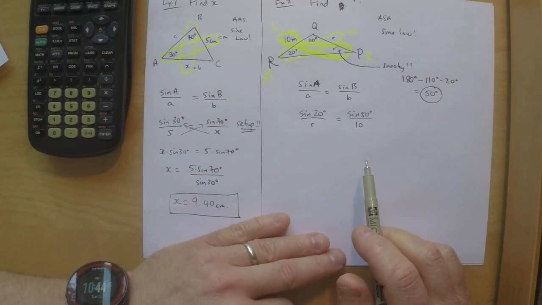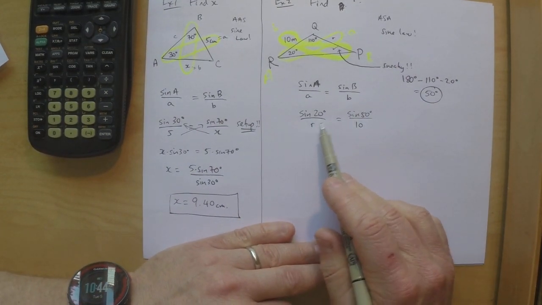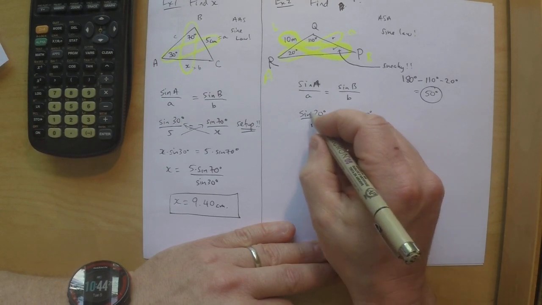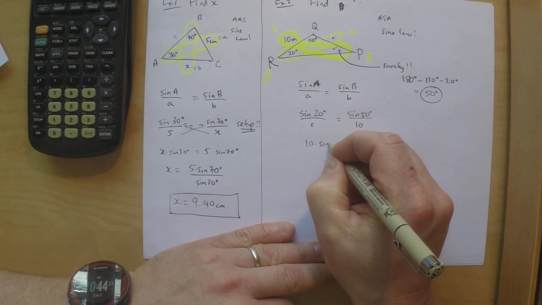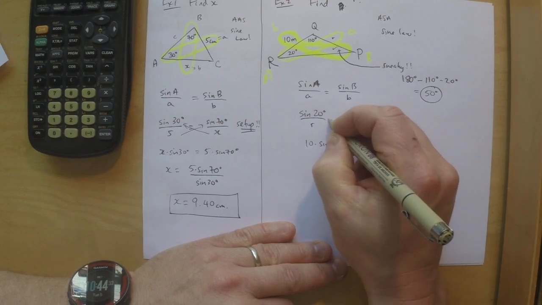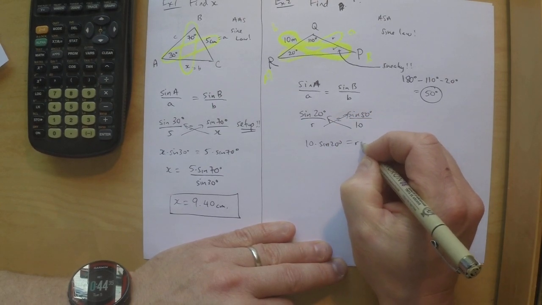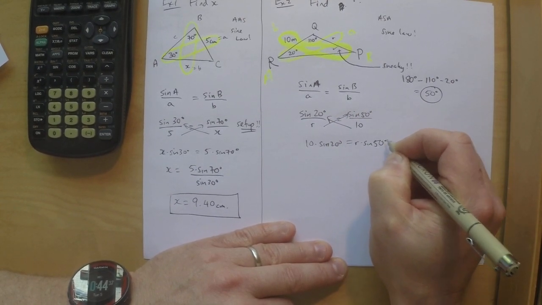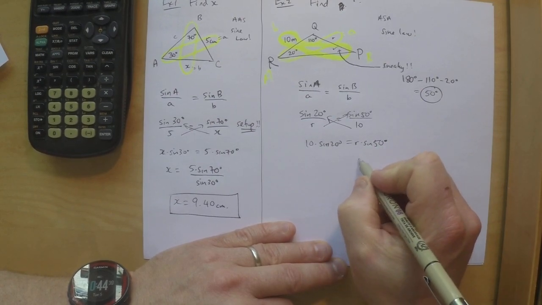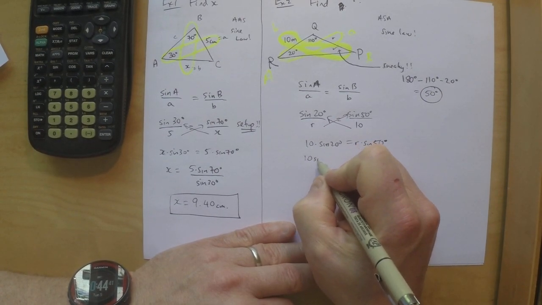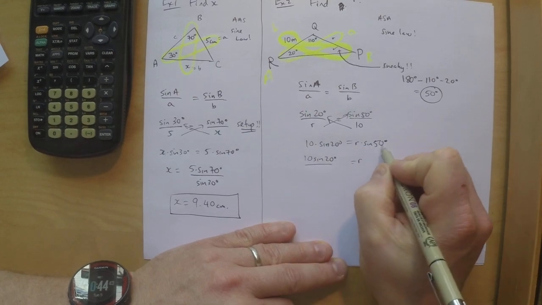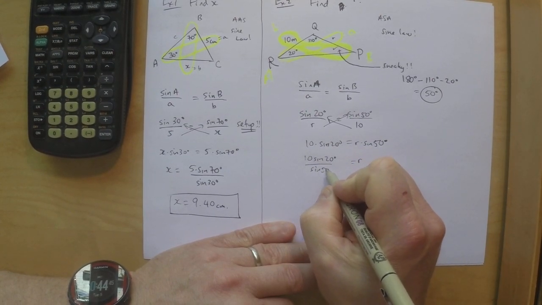And then I would just solve again by cross multiplying. So this times this, that times that. So 10 times sine 20. There's that cross multiplied, and the r multiplies over the other side. And then solve for r by dividing by sine 50.